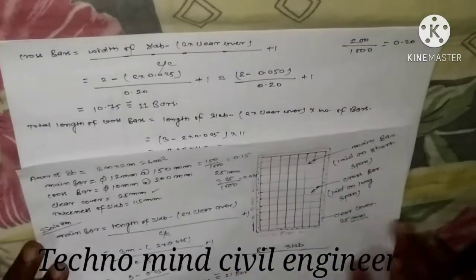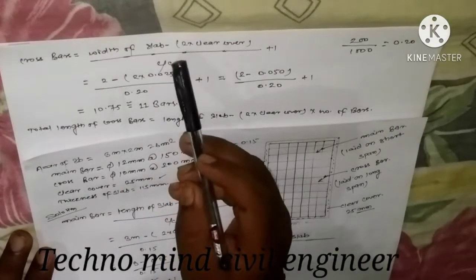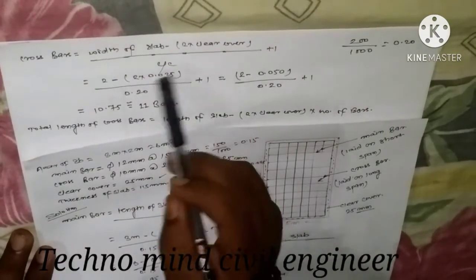Similarly, we calculate the crossbars. The number of crossbars is the width of slab minus 2 into clear cover, divided by the center to center distance of the crossbar, plus 1.